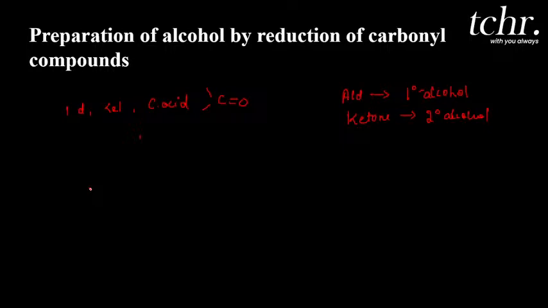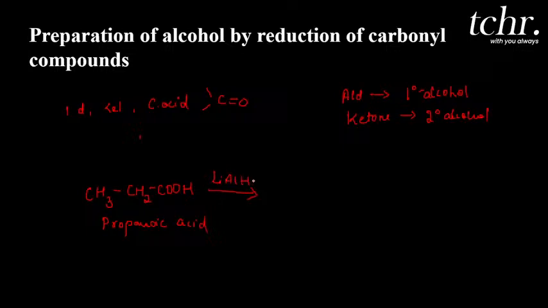Let me take a simple example of propanoic acid. You know, right? What is this? It is propanoic acid. Now I'll directly add a strong reducing agent, lithium aluminium hydride. What will be the product? Lithium aluminium hydride is a strong reducing agent which will reduce the COOH functional group, the carboxyl group, to alcohol.